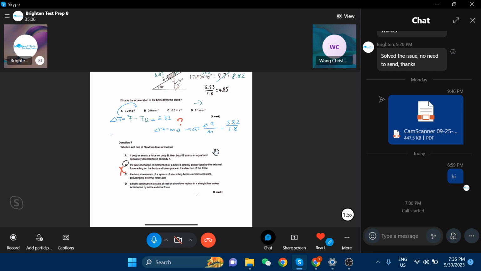This is what we know. This is that counter force. So this is correct, right? Correct. Well, let's go to D. A body continues in a state of rest or of uniform motion in a straight line unless acted upon by some force. So clearly correct.